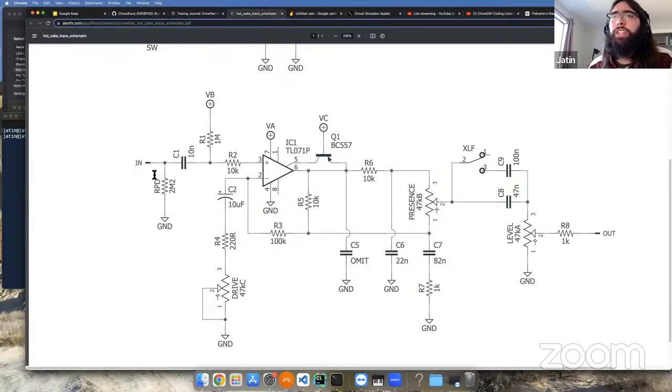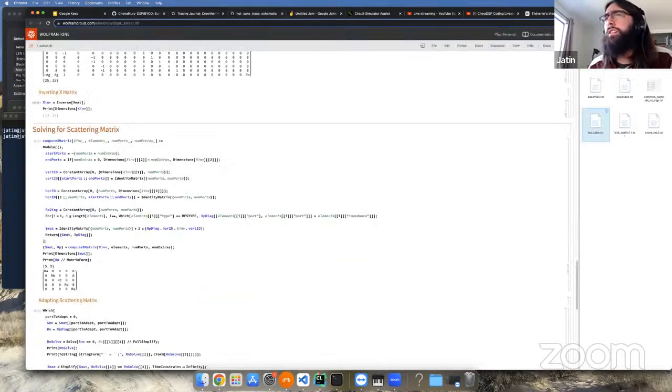But in this case, I'm cheating and just pretending that we have a really small input resistor that's more or less negligible. Is that the question you were asking? I'm not 100% sure what the idea was there.